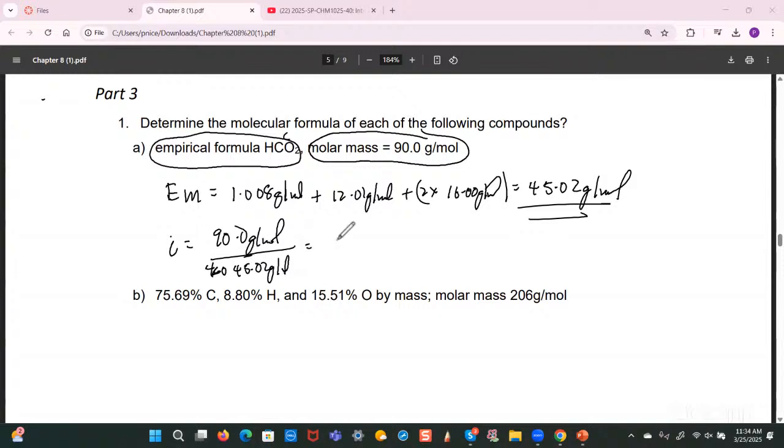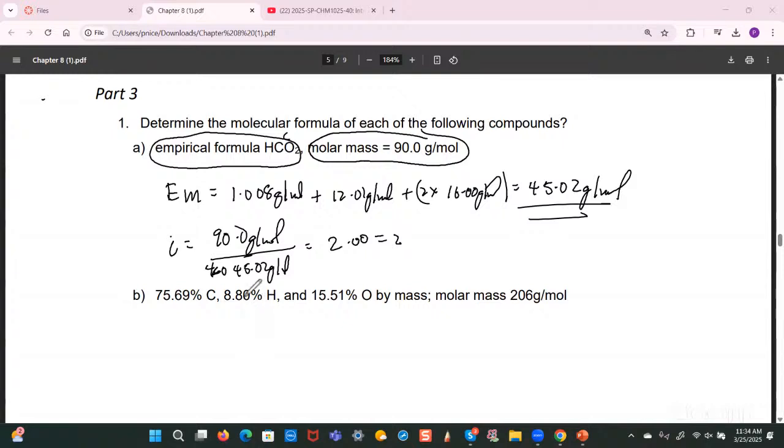And when I do that on my calculator, I got, basically rounded to 3 sig figs, 2.00, which is equal to 2. So what's the next step?